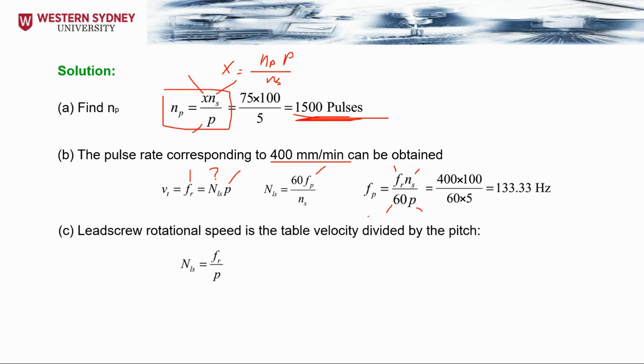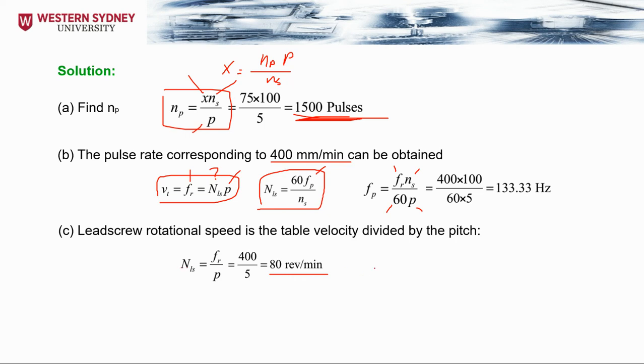Finally, for the lead screw rotational speed, we can use this equation directly, or we can use the equation after rearrangement to be the feed rate divided by the pitch value. The feed rate is 400 millimeters per minute divided by 5 millimeters per revolution, and the answer is going to be 80 revolutions per minute.